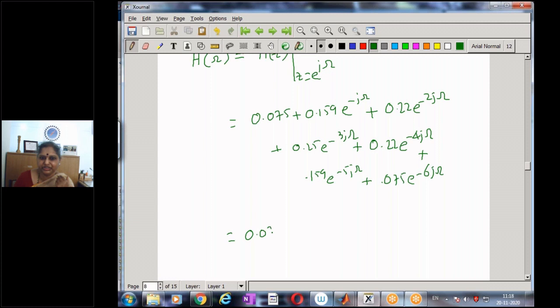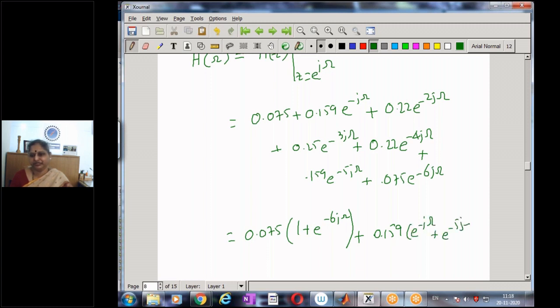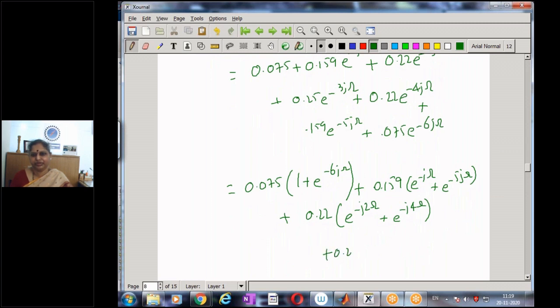Once again, because of the symmetry in the coefficients, I can rewrite it as 0.075 into (1 plus e to the power of minus 6j omega), plus 0.159 into (e to the power of minus j omega plus e to the power of minus 5j omega), plus 0.22 into (e to the power of minus 2j omega plus e to the power of minus 4j omega), and plus 0.25 into e to the power of minus 3j omega.